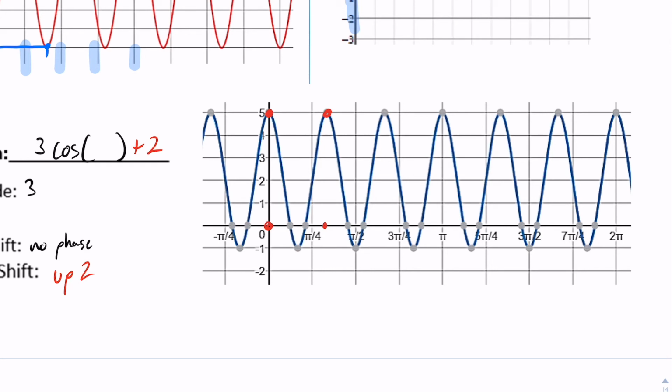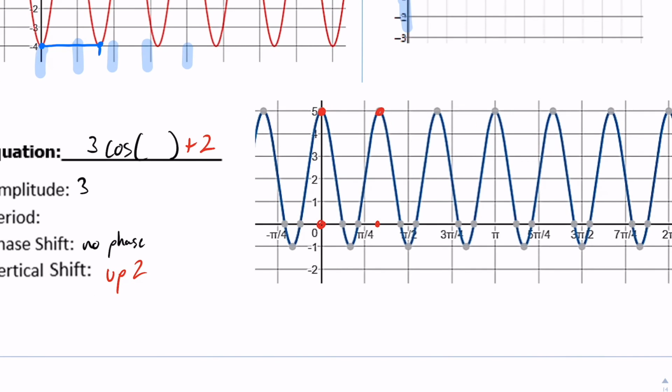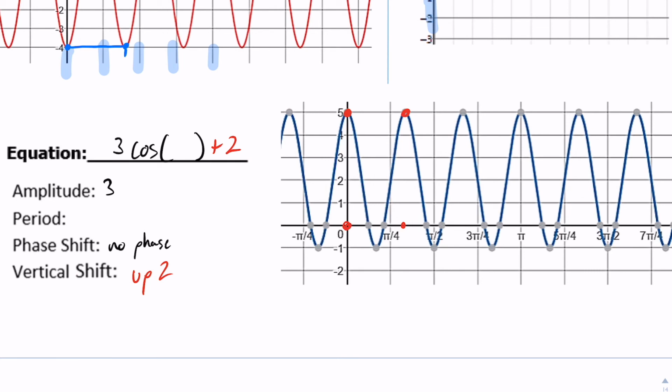If it's between pi over 4 and pi over 2, it's going to be roughly pi over 3. So pi over 3. That, remember, goes underneath the 2 pi. So 2 pi over 3. This actually becomes, let's see, pi's cancel. Flip the 3, so it becomes 6. So this would be 6x.